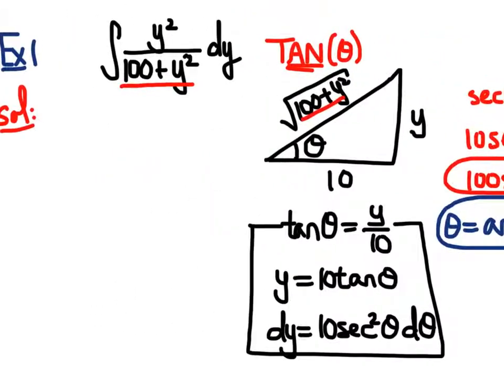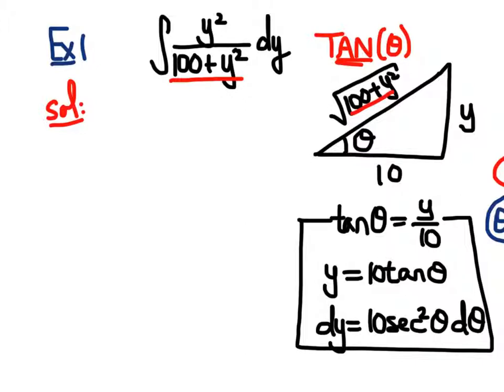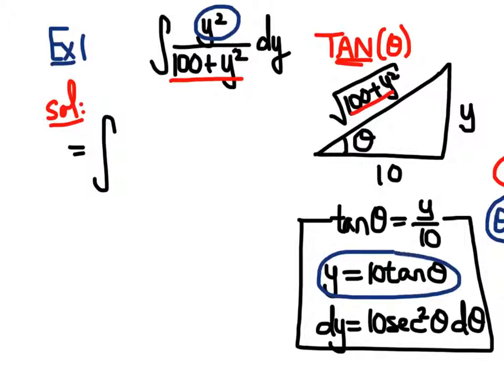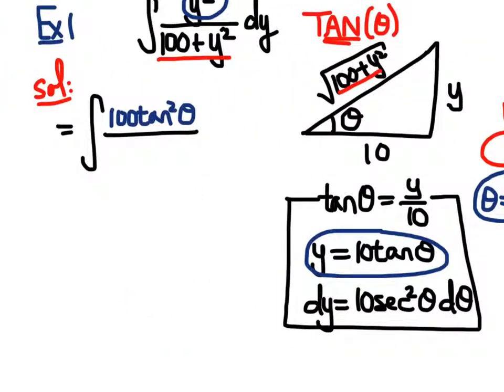We go back to our original integral, and we're going to make some substitutions. We'll start with the y squared term. We're going to use this equation for y and plug it in, so we have to square it, and we get 100 tangent squared of theta. Then for the red piece, 100 plus y squared, we just found that to be 100 secant squared theta.